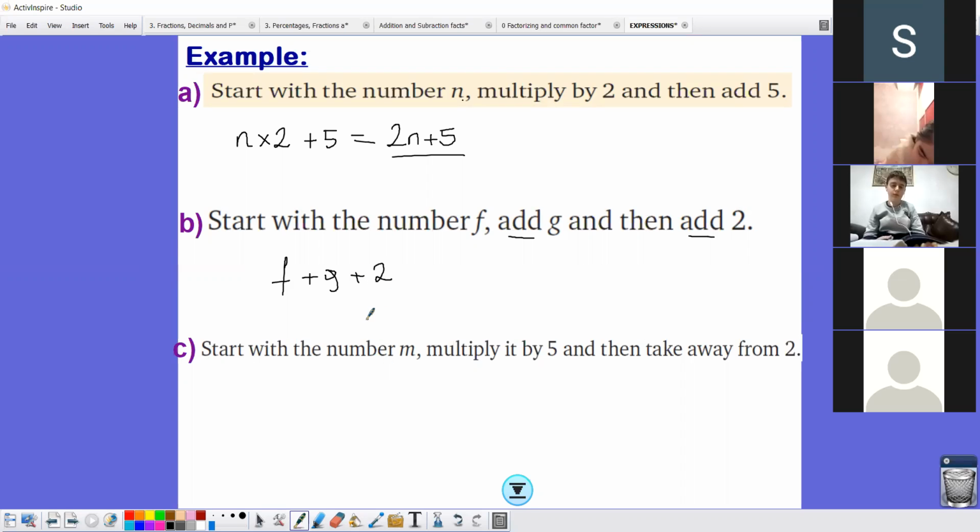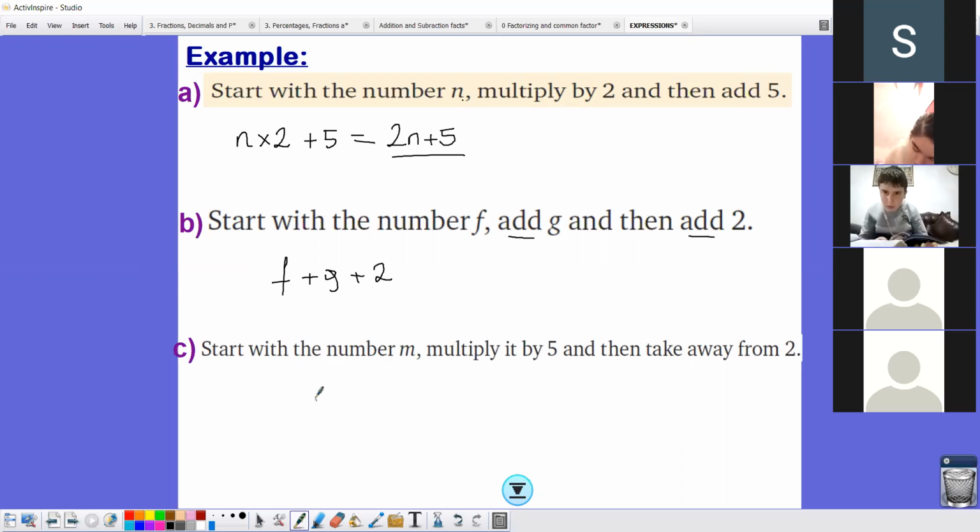Start with the number m, multiply it by 5, then take 2 away. Let's write it.